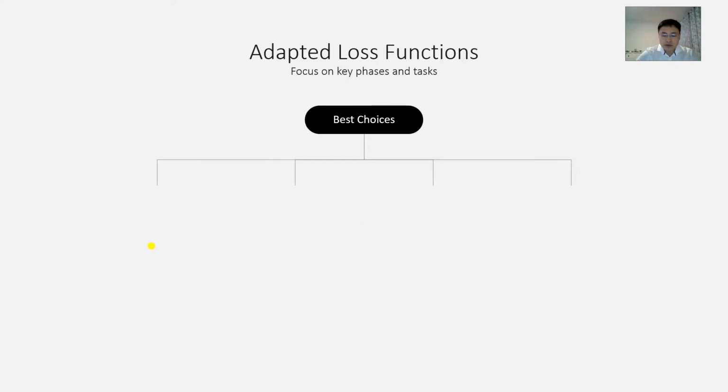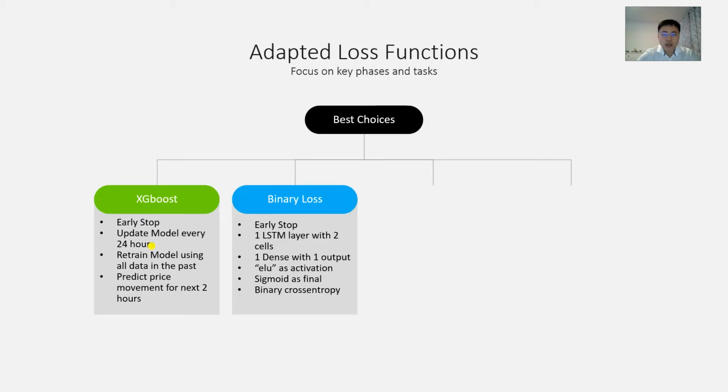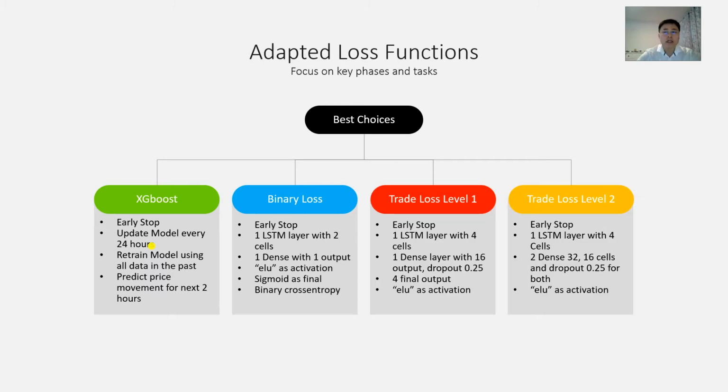To improve on the baseline, I decided to do some experiments using XGBoost, long short-term memory neural network, and also my own adapted loss function level 1 and adapted loss function level 2.